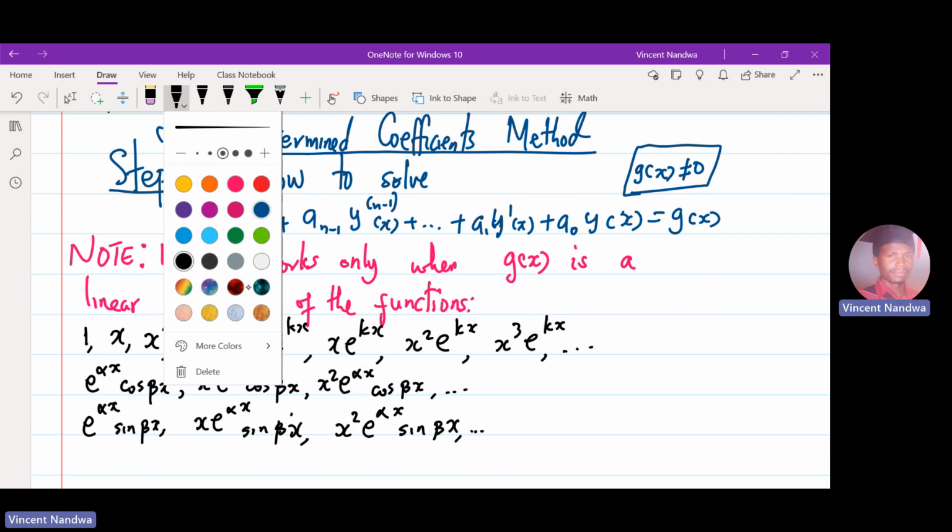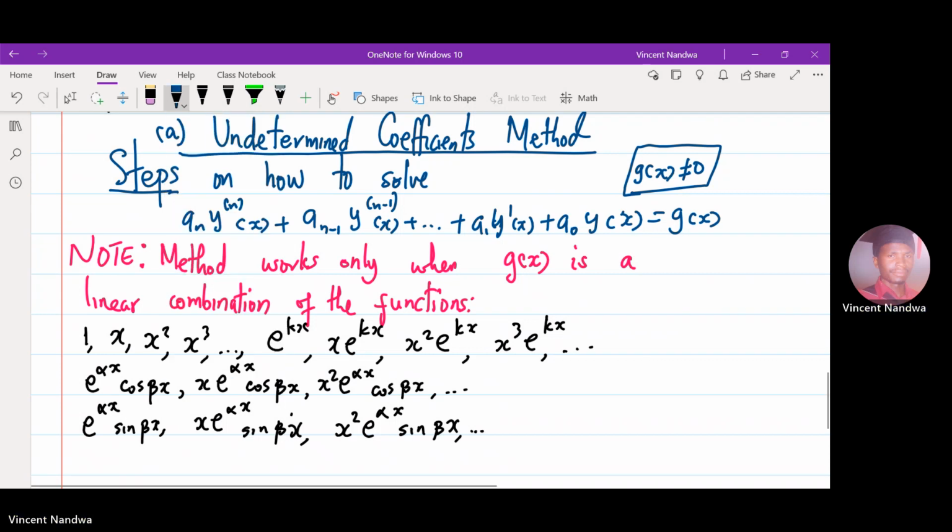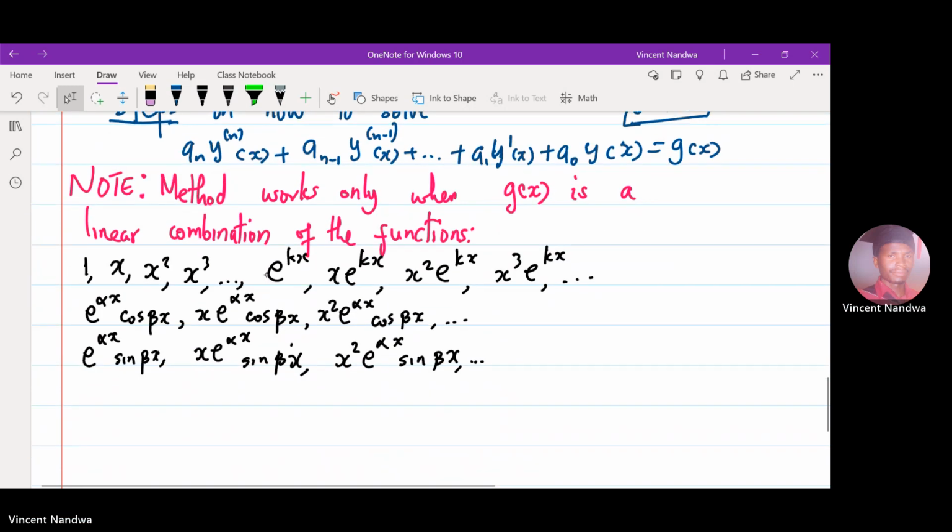Assuming that is the case, then these are the 4 steps we have to follow. Step number 1. Solve the corresponding homogeneous equation to get the yh solution.